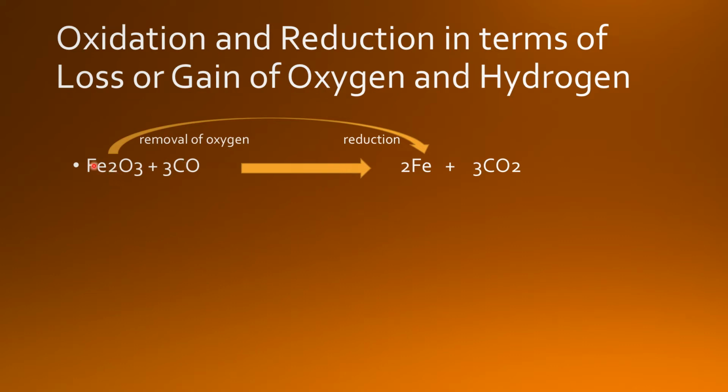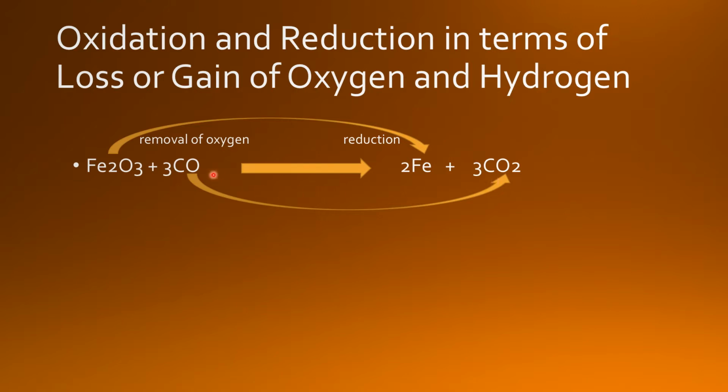So we will say that this ferric oxide undergoes reduction, as oxygen is removed from the ferric oxide and it changes into iron. On the other side, carbon monoxide changes into carbon dioxide.